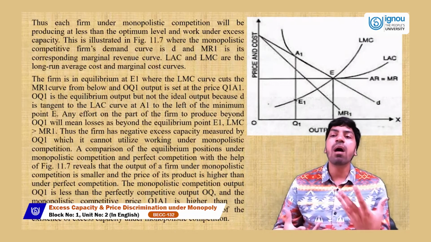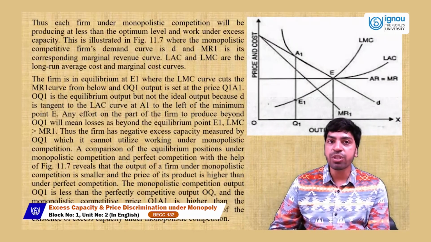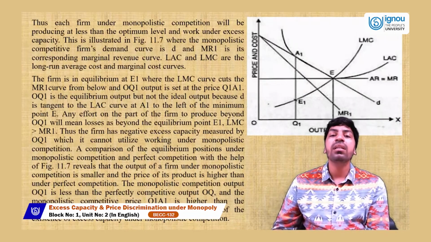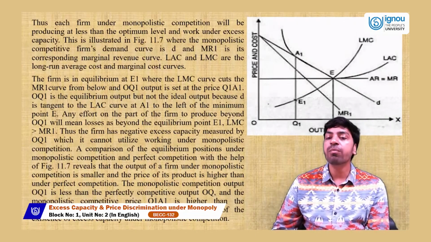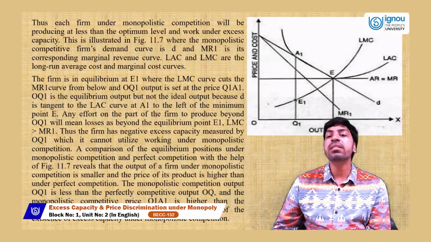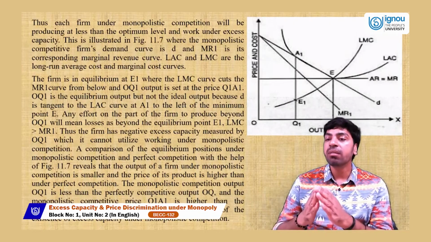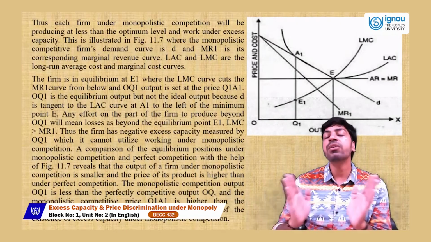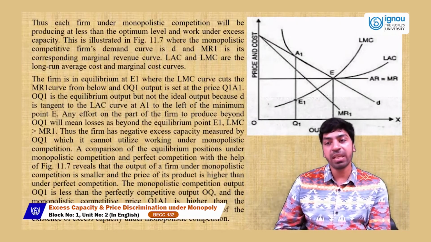When we talk about monopolistic competition, consider a firm producing less than the ideal output. The ideal output is OQ. The equilibrium point is E, where the demand curve and the marginal cost curve intersect each other.